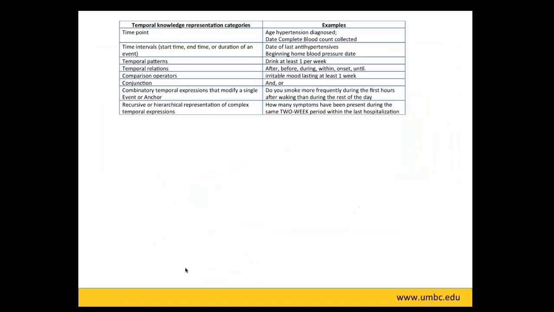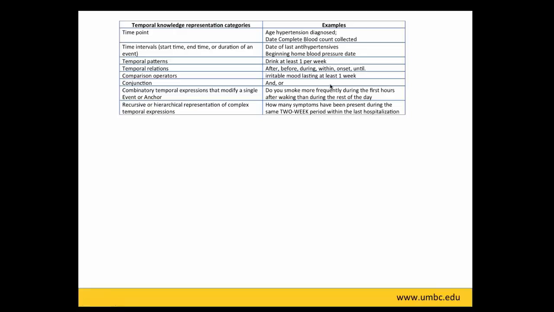So this is an example to show you what kind of temporal information we have and generate based on the data we have, like the time point, time interval, and so on and so forth. And here is a list of some of the examples we extract from the original data set.